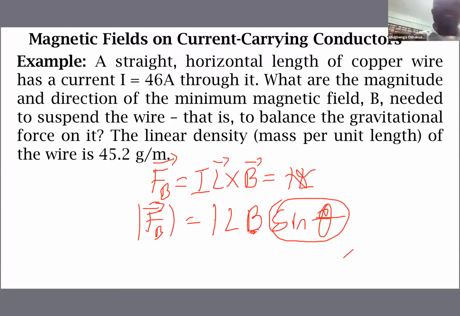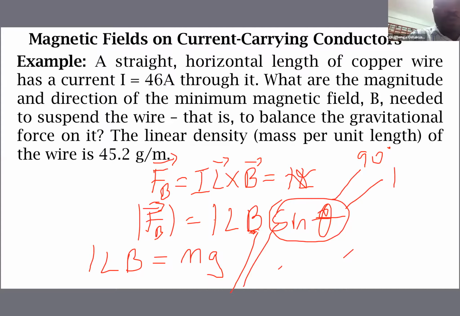So in this scenario, when theta is 90 degrees, sine theta will be 1. So for the minimum magnetic field, ILB will balance the gravitational force. What is the gravitational force on the wire? It is mass times acceleration due to gravity. And when you make B the subject of the formula, B will be equal to mg divided by IL.